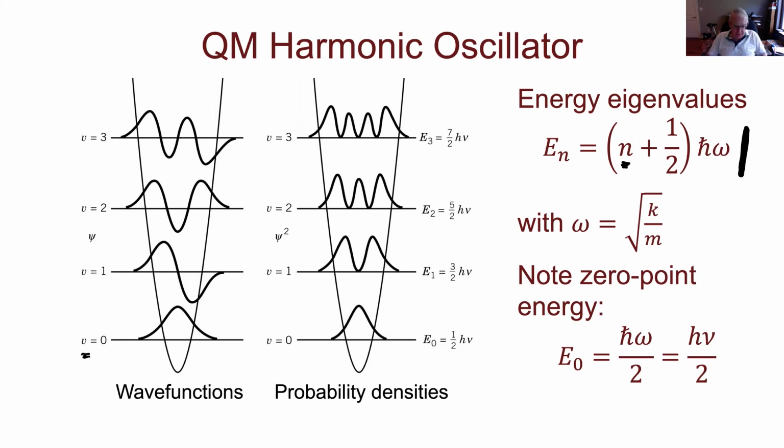In these figures, you'll also notice that the wave functions are drawn superimposed on that parabola, right? The parabola is what would be the classical limits of motion. So if I actually had the 2 balls joined by a spring, however far I stretch them out, if I put more energy in, I can stretch them out farther.